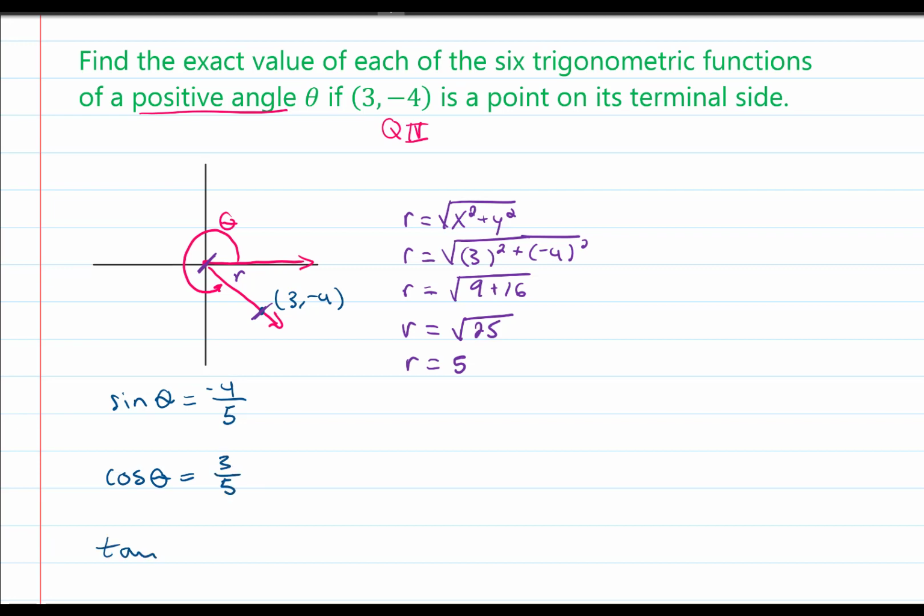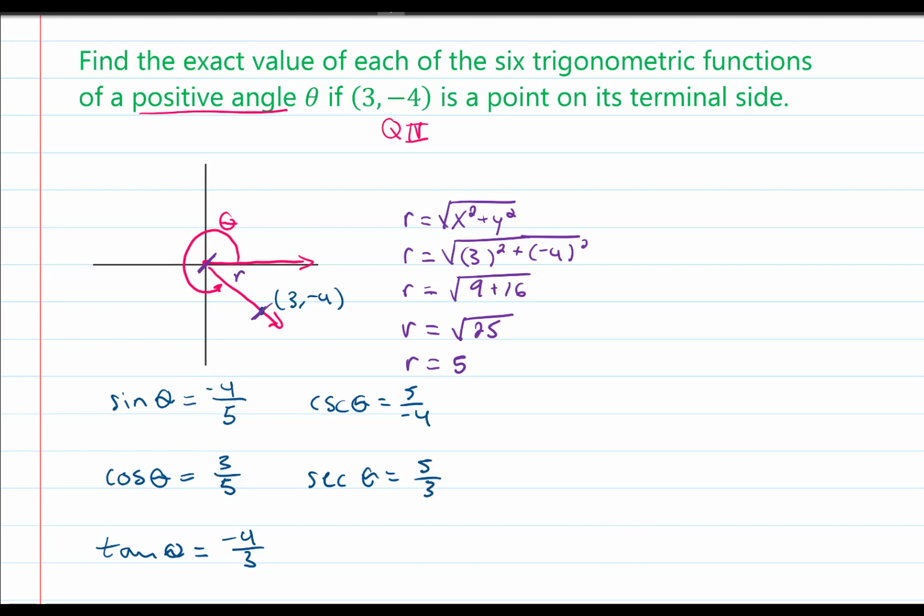And tangent of angle theta is equal to y over x, which is going to be negative 4 over 3. Then we do the reciprocal identities, and so cosecant of angle theta is equal to the reciprocal of sine, so that would be 5 over negative 4. Secant of angle theta is going to be the reciprocal of cosine, which would be 5 over 3.